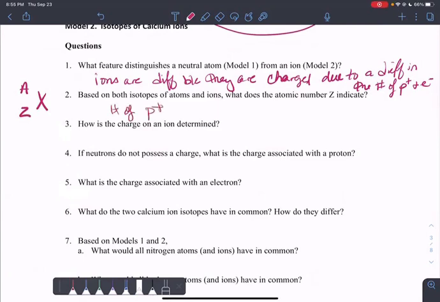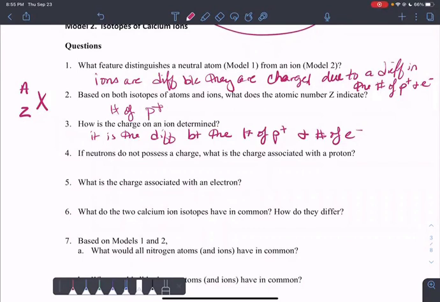That hasn't changed. So how's the charge on an ion determined? It is the difference between the number of protons and number of electrons, right? So if there are more protons than electrons, it's going to be a positive ion.